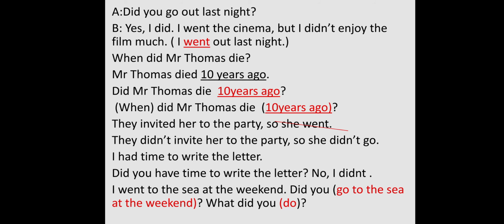It becomes when did Mr. Thomas die? And we remove 10 years ago.